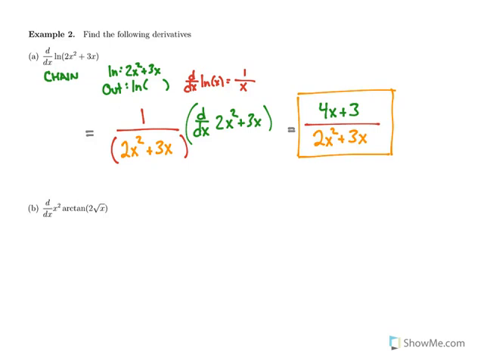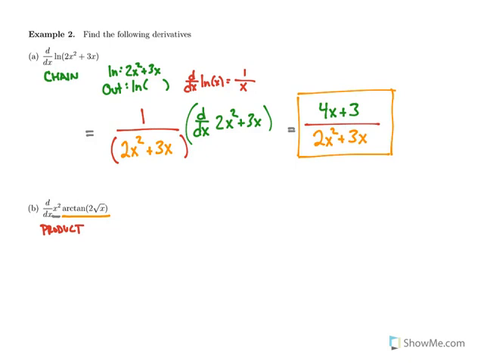All right, next, x squared arctangent of 2 square root of x. We need to ask ourselves, as a whole, is this product, quotient, or chain? Although we're going to have to use the chain rule at some point, this is a product rule question because I have two functions multiplied together, x squared times arctangent of 2 square root of x.